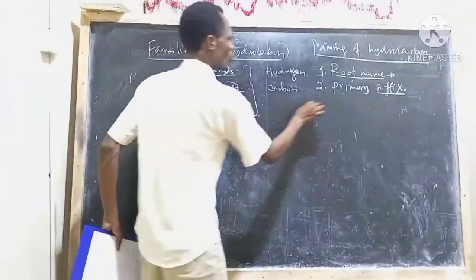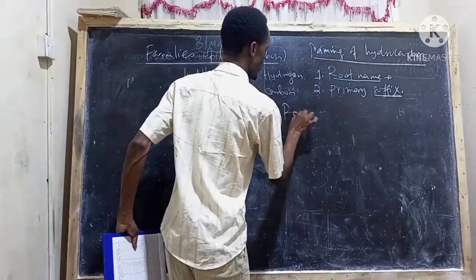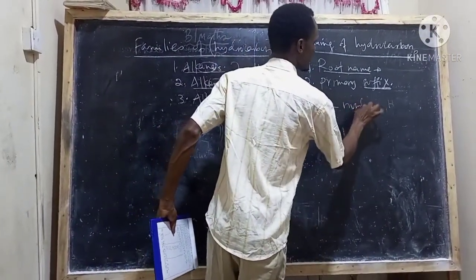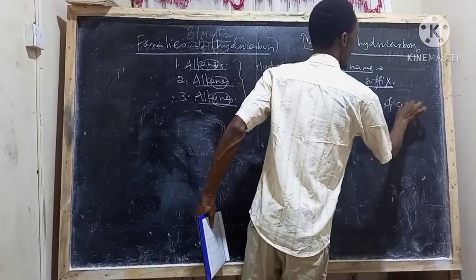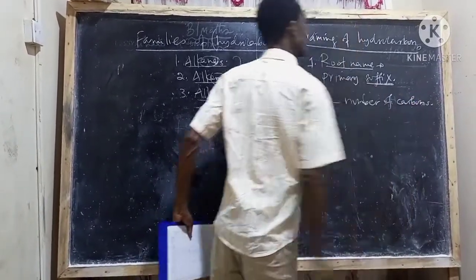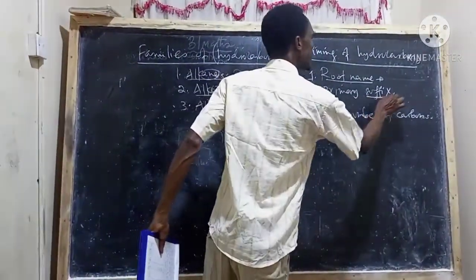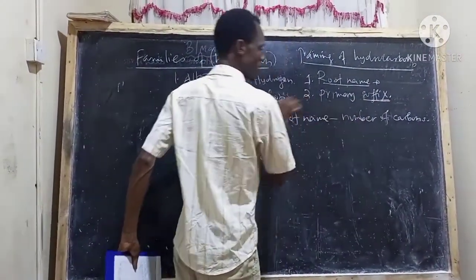The root name is there to show the number of carbons. How many carbons are there? But the primary suffix is the word added after you have written the root name.